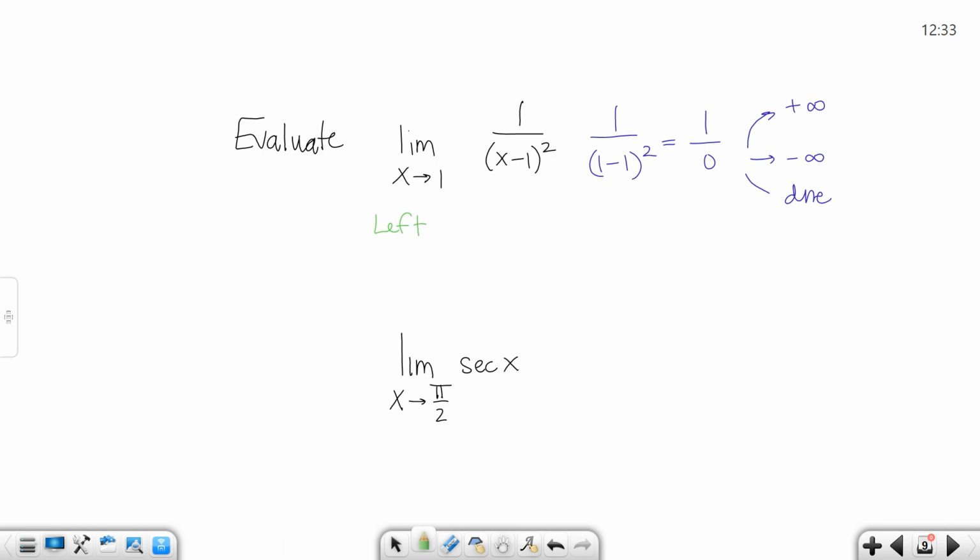So on the left side of 1, I might choose 0. Okay, if I plug in 0 here, I get 1 over 0 minus 1 squared, which would be 1 over negative 1 squared, which would be 1 over 1, which is a positive result. And a positive result means it's going up.